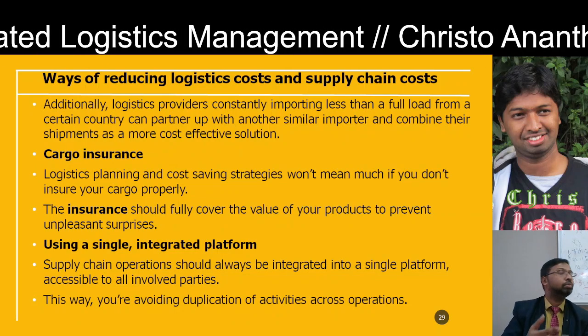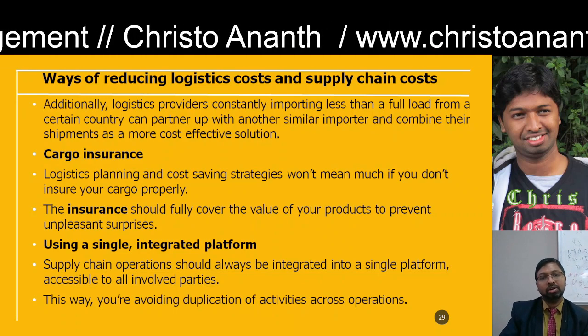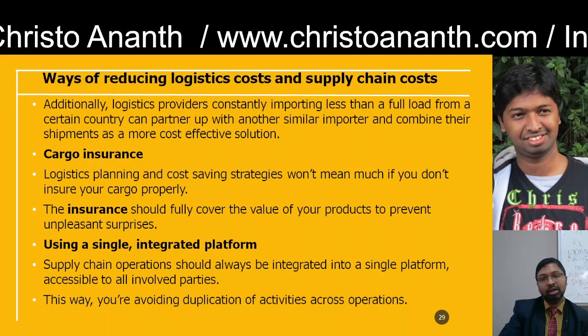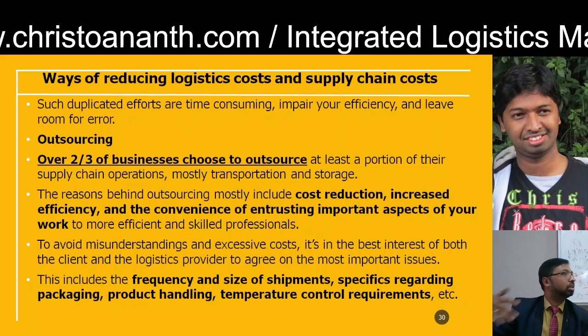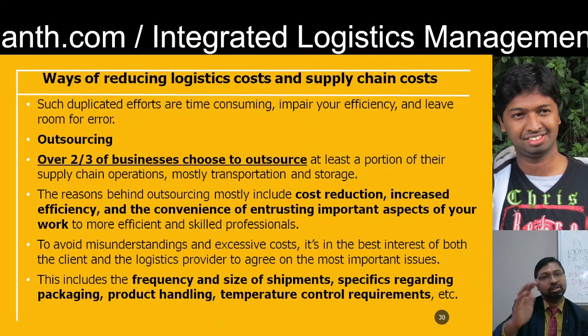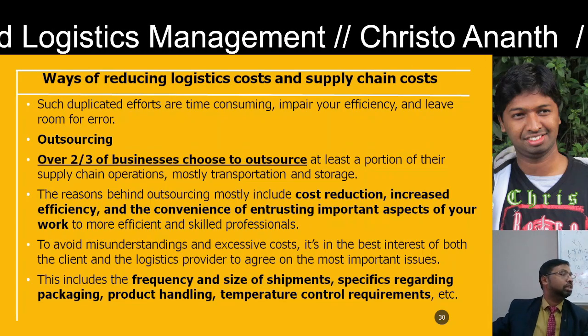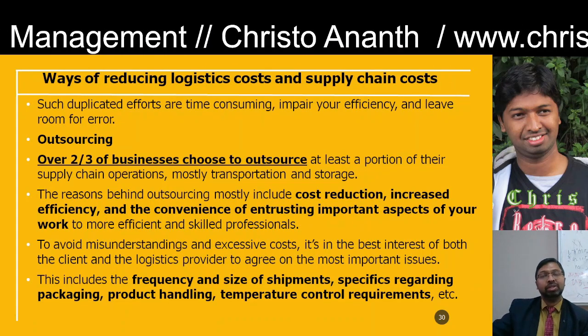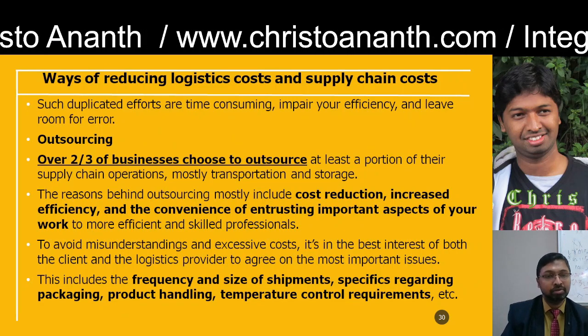This is the way you are going to integrate the supply chain operations in a single platform. You are going to avoid the duplication of activities, and using a single platform you can reduce the time, especially on the duplication procedures. That will definitely reduce the efficiency, increase the time even. So that is the advantage of having a single integrated platform.